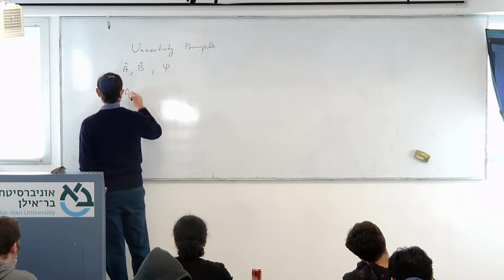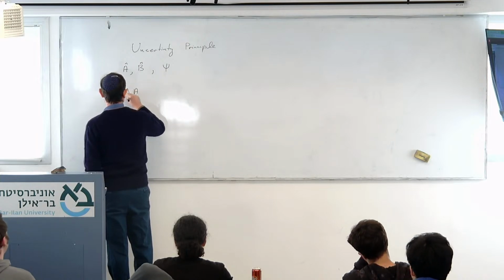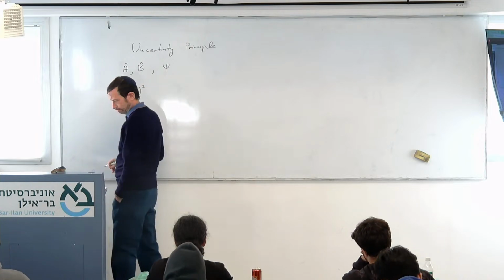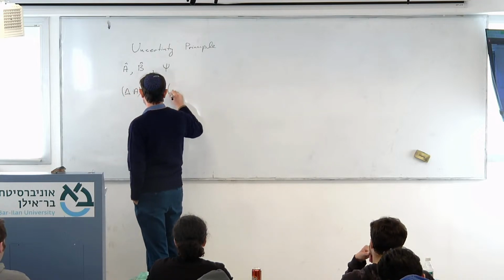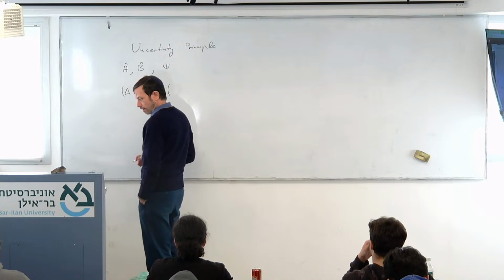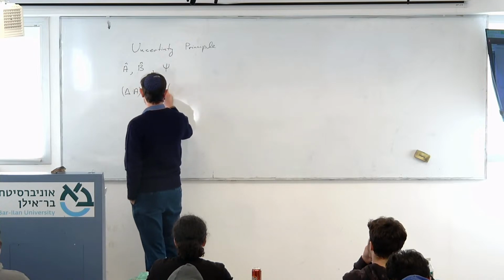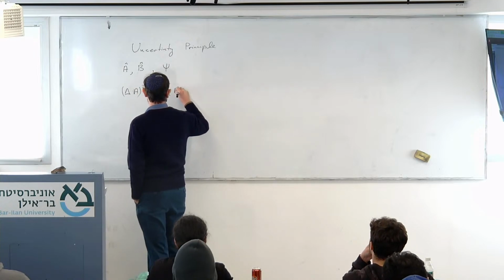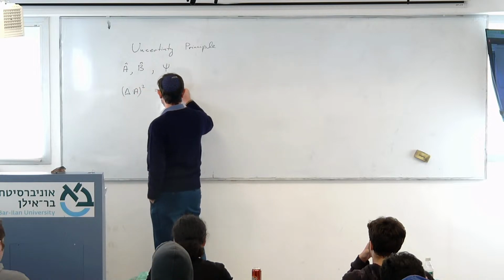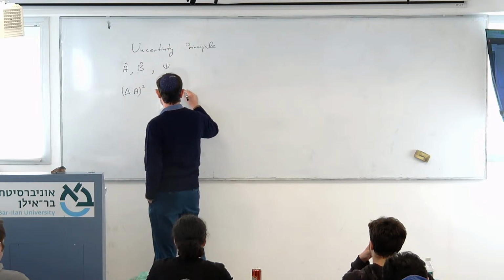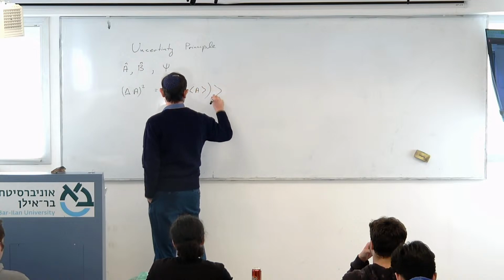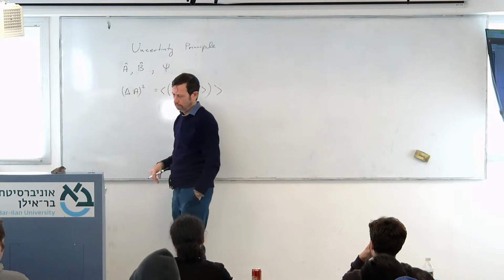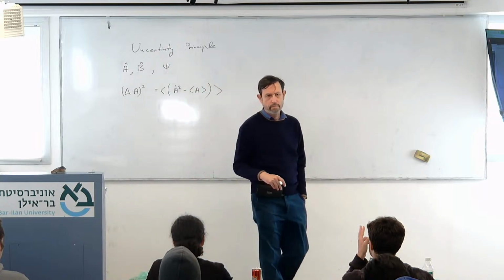So what is the variance of A? As in any definition of variance, A squared, the brackets will be squared.